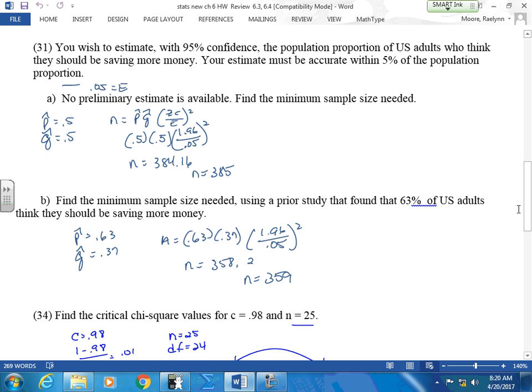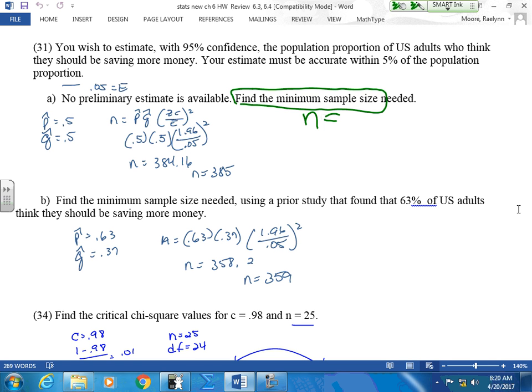Okay? When it's asking us to find the minimum sample size, it's asking for an n equals formula. Some of you have trouble with this. What is the question asking me? Right now, it didn't ask me anything. Up in the top, you wish to estimate with 95% confidence the population proportion of U.S. who thinks blah, blah, blah.